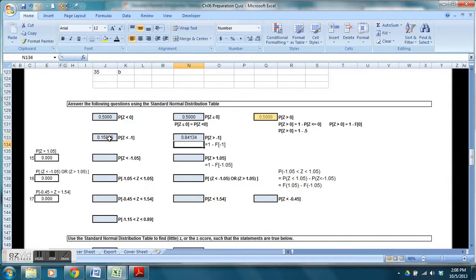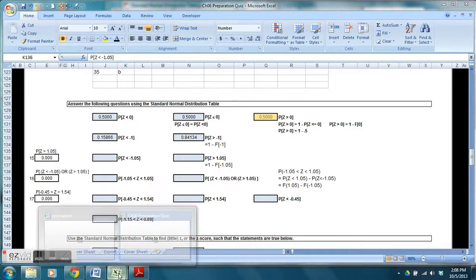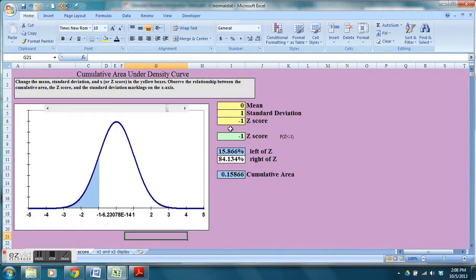Now, the probability that z is less than -1.05. So have your graph. Draw the graph, put in the mean as the center at 0, and then shade everything 1.05 to the left.